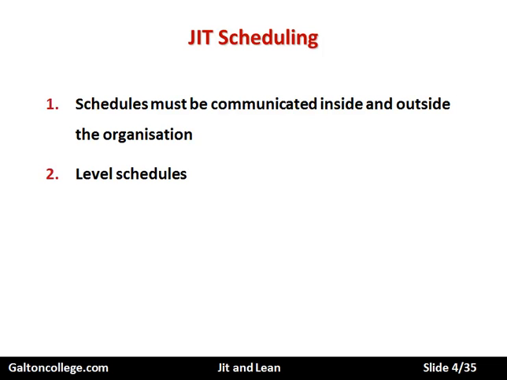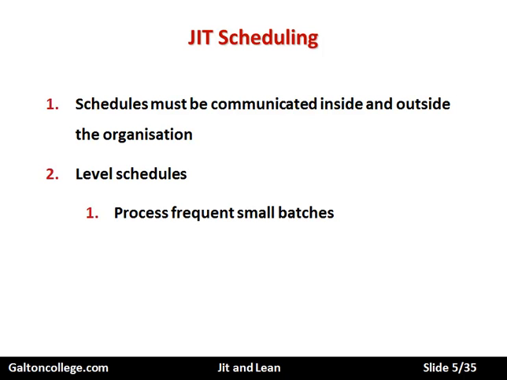So with JIT scheduling, the idea is to balance the production, balance it in a way that gives continuity, and also small amounts can be produced, but produced efficiently, in a continuous stream, and there are no variations or switching over machines necessary throughout the process. So it's a carefully thought out schedule.